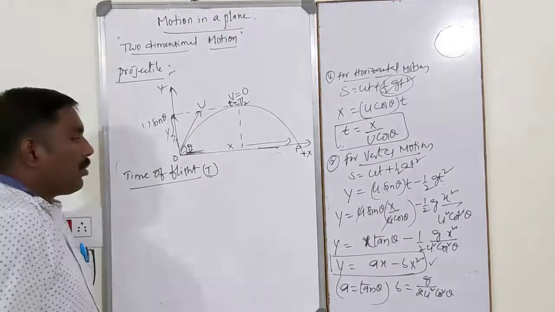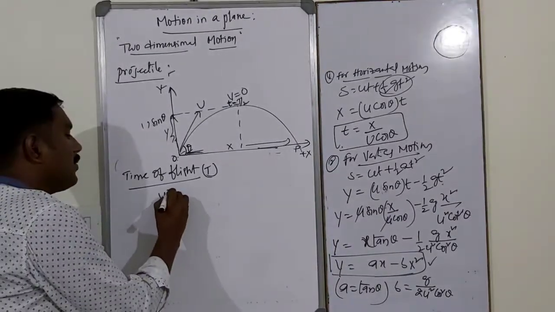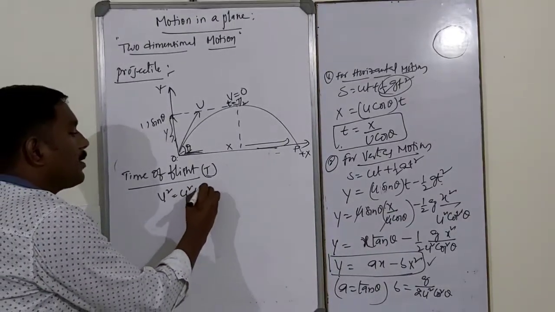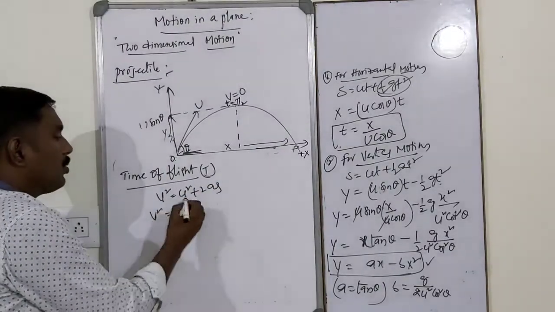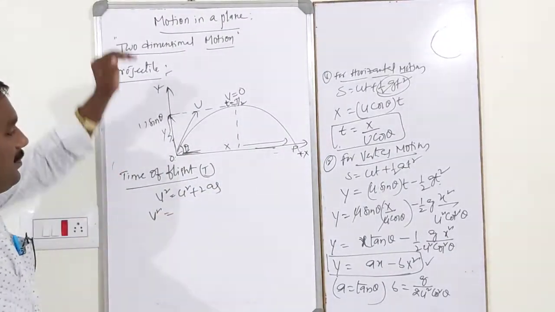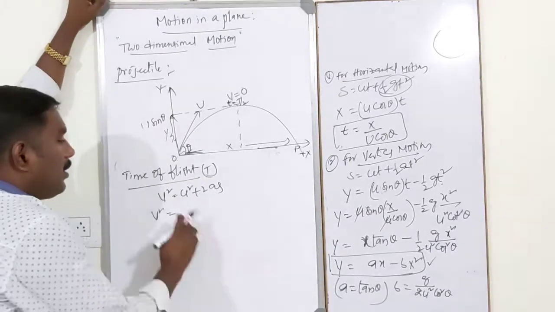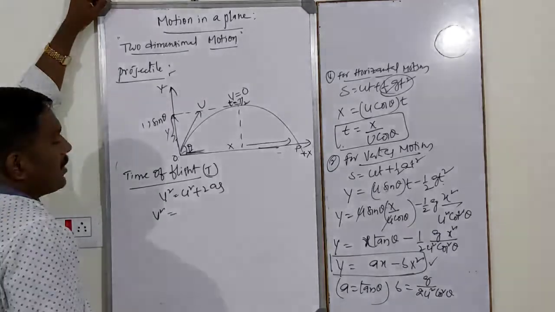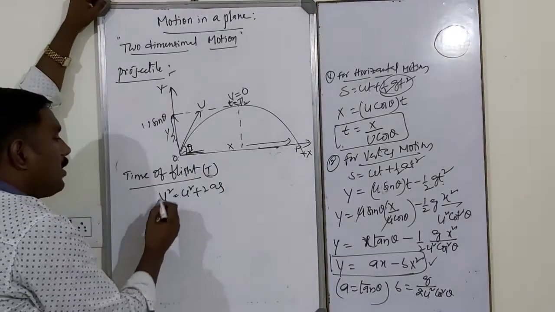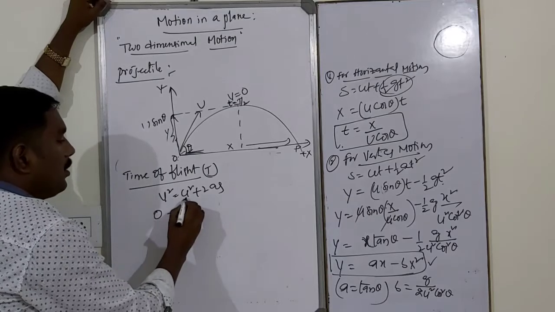Then how to find out the time of flight of the projectile? Using the equation of motion, v square is equal to u square plus 2as. Of course, this is the vertical component. Dear students, the final velocity is 0.